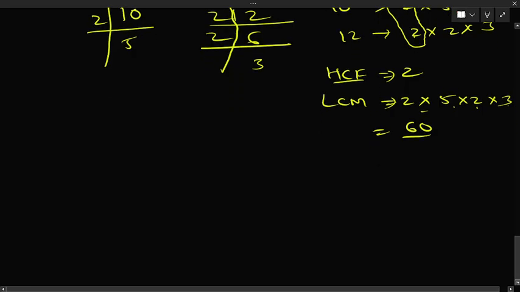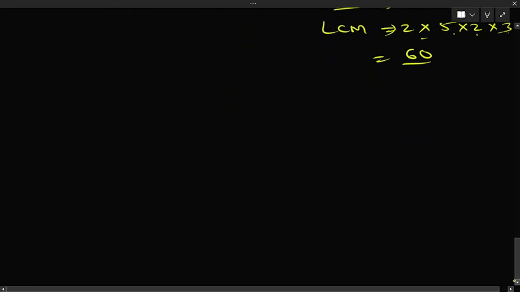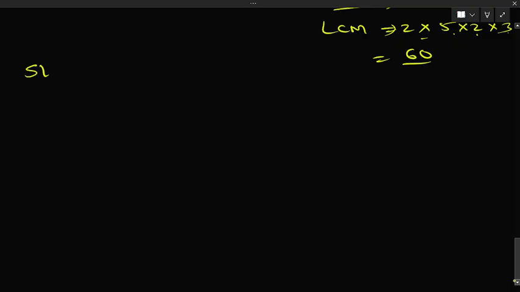And the next concept is standard form. What are we going to discuss now? Standard form. So what do you mean by standard form? Standard form is used for writing very large or very small numbers in the form of a into 10 power n.